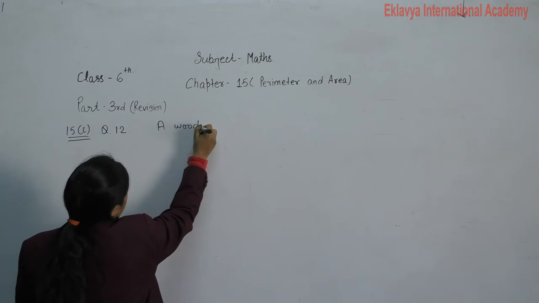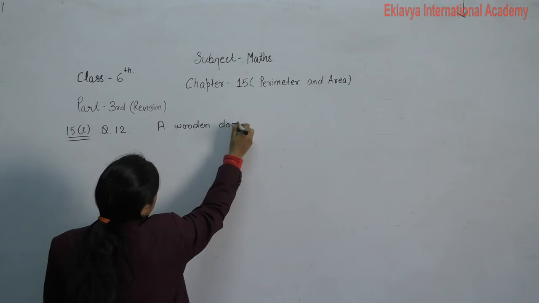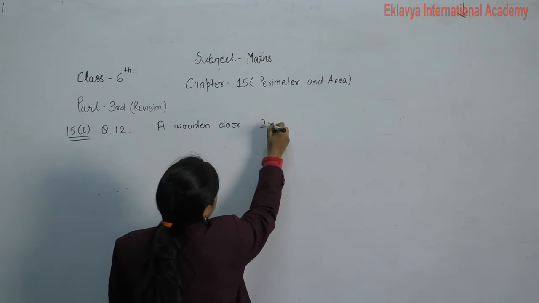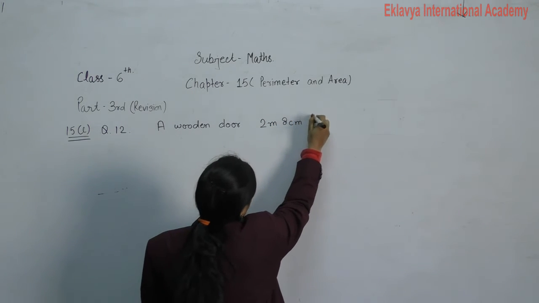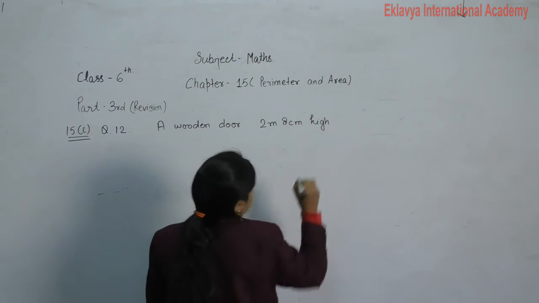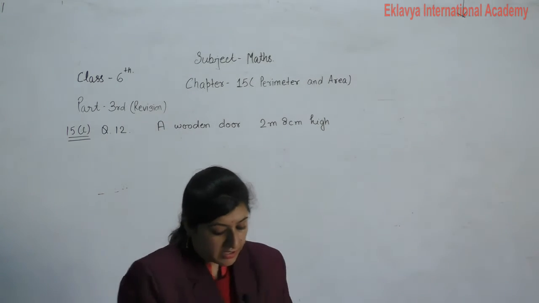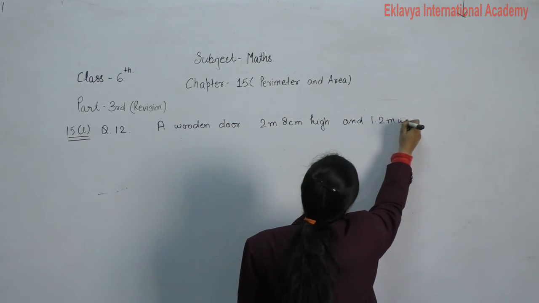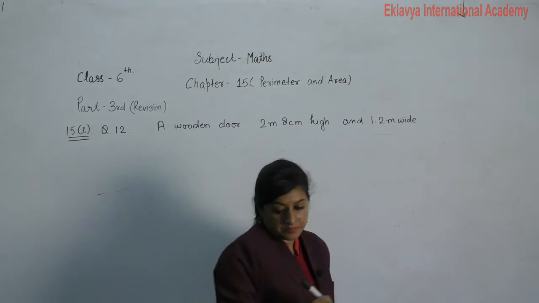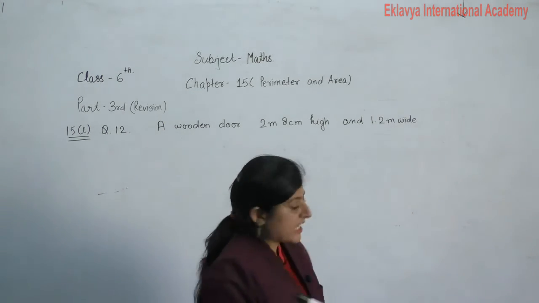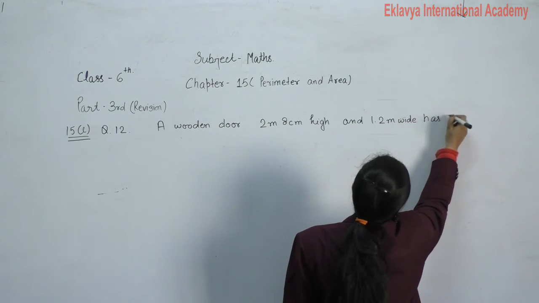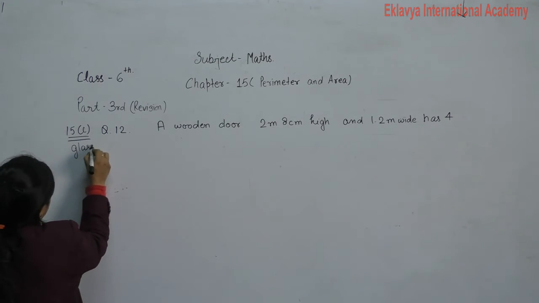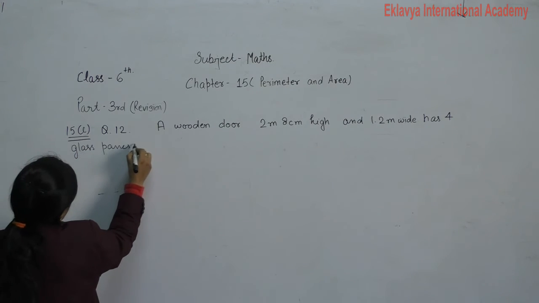A wooden door 2 meter 8 centimeter high and 1.2 meter wide has 4 glass panes fitted on it.